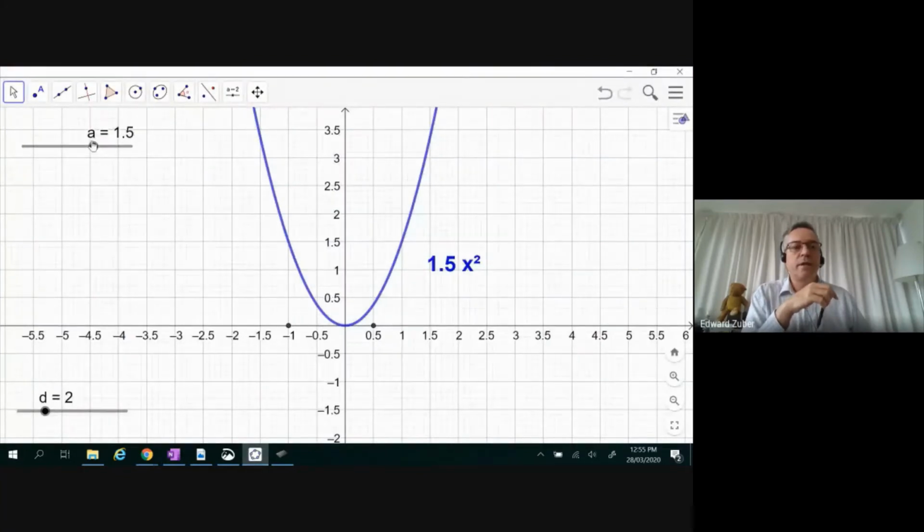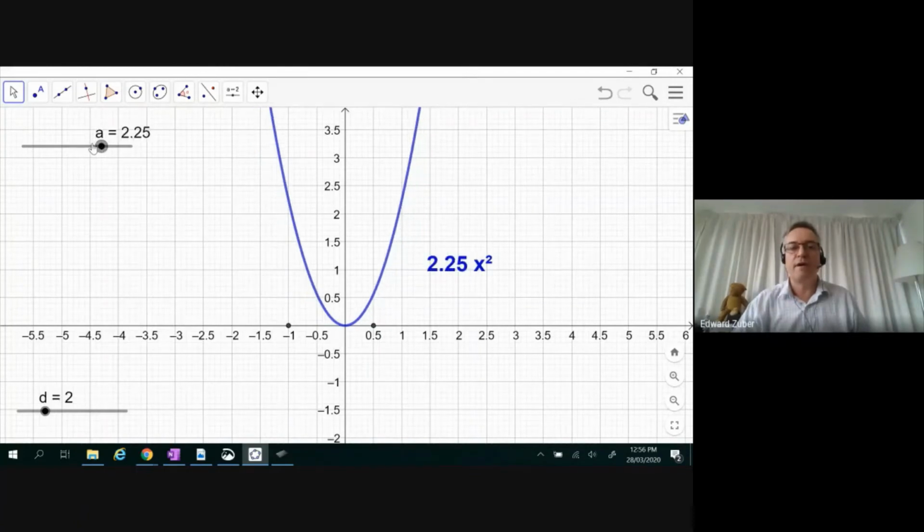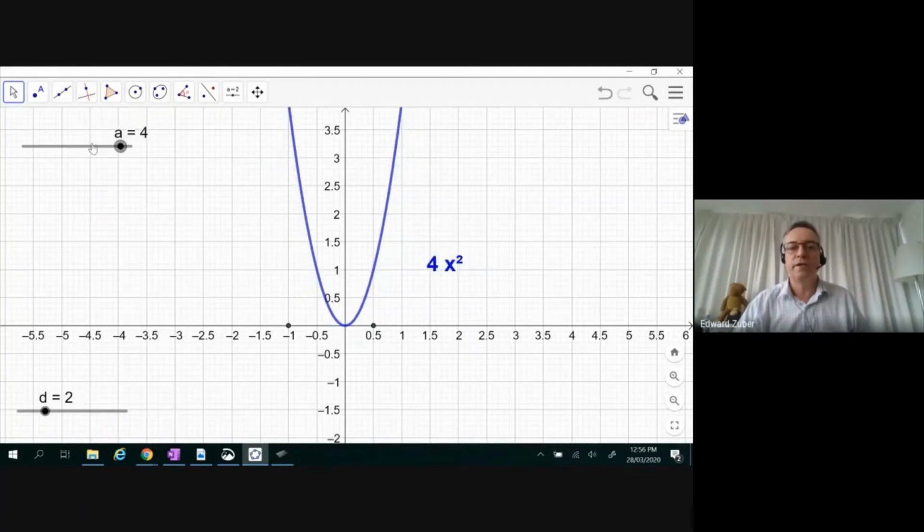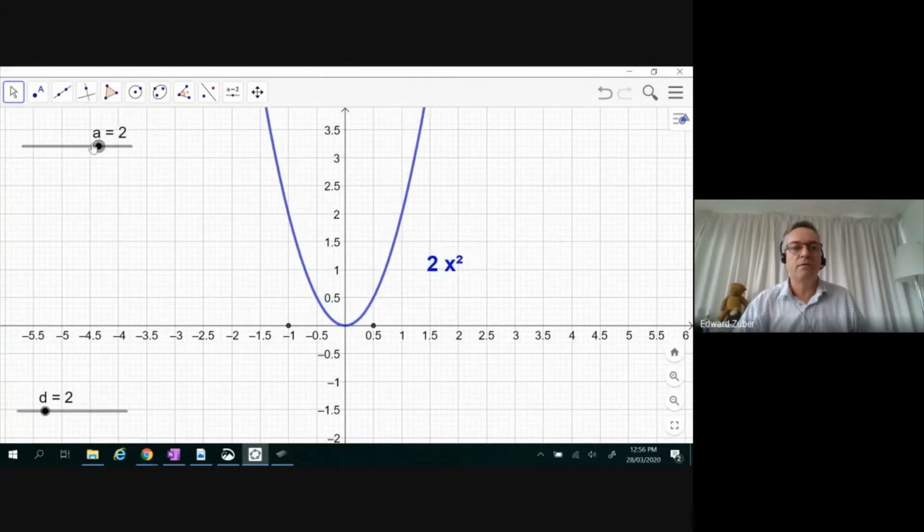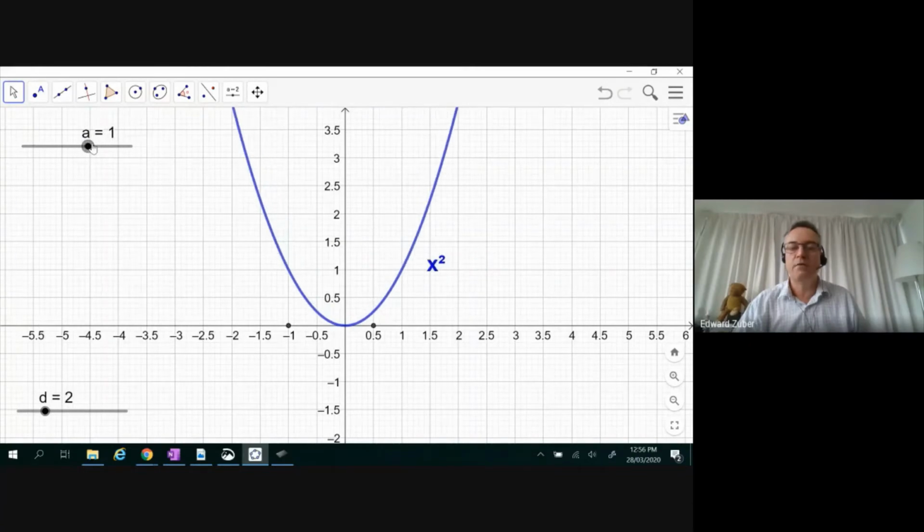All right, so here is a function, y equals 1.5 times x squared. Let's see what happens when I change the number in front of it. So now it's 1.5, 1.7. Ooh, it's getting narrower and narrower. Let's now go back to y equals 1x squared.